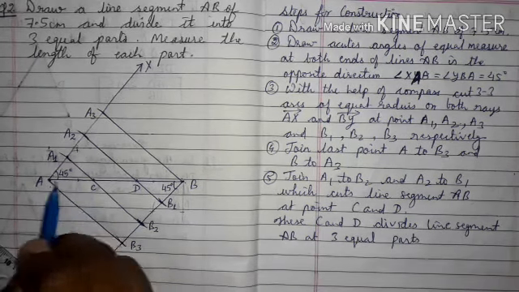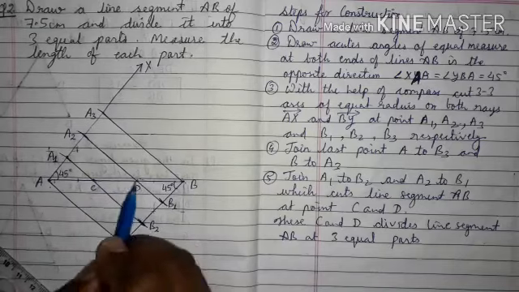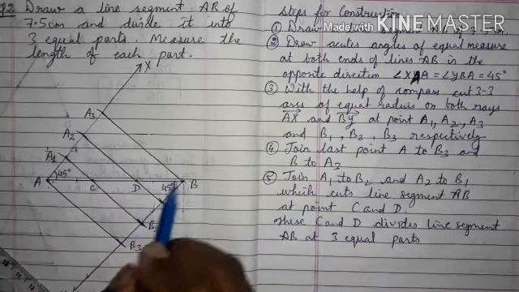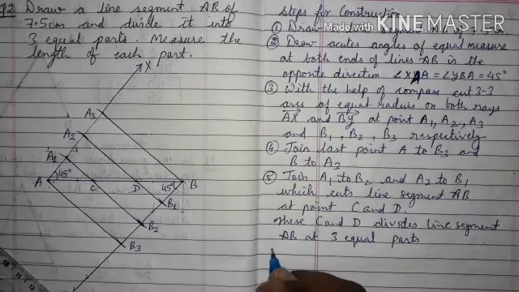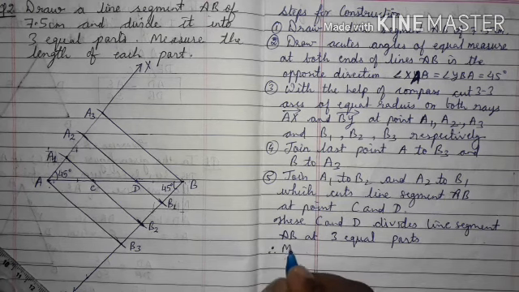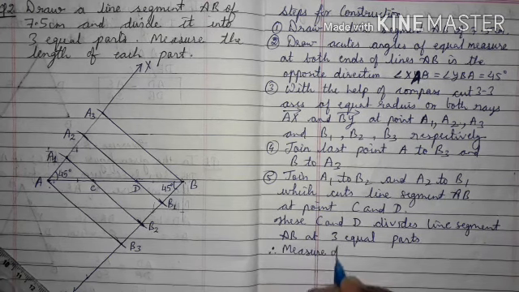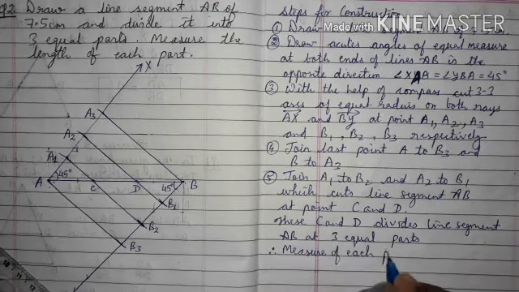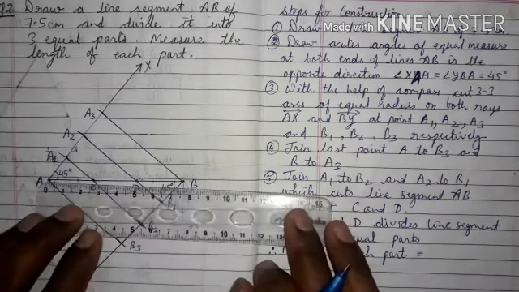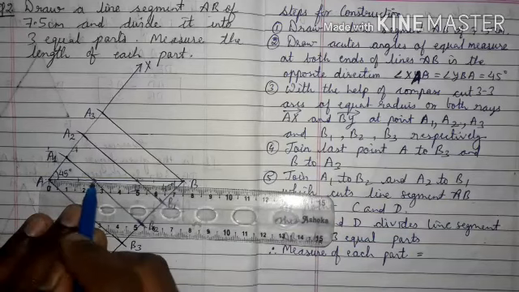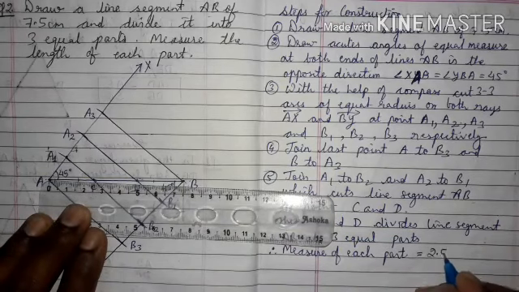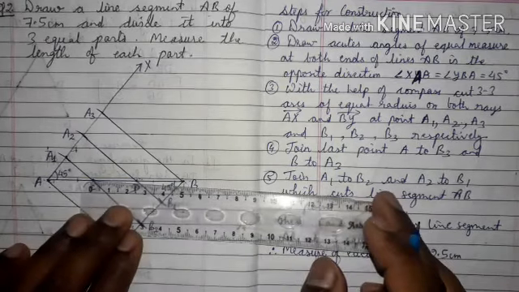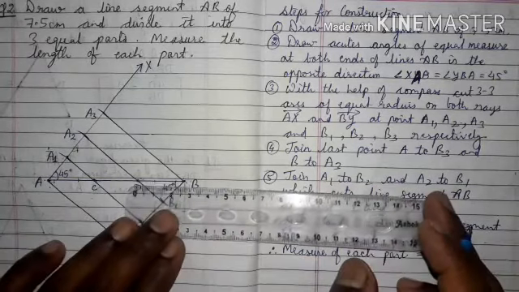The first part is AC, second part is CD, and third part is DB. Therefore, the measure of each part is 2.5 centimeter. All the parts are 2.5 centimeter.